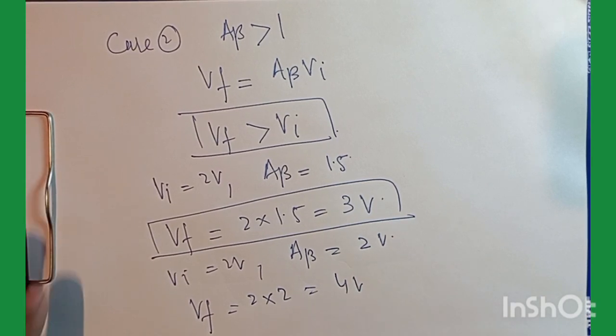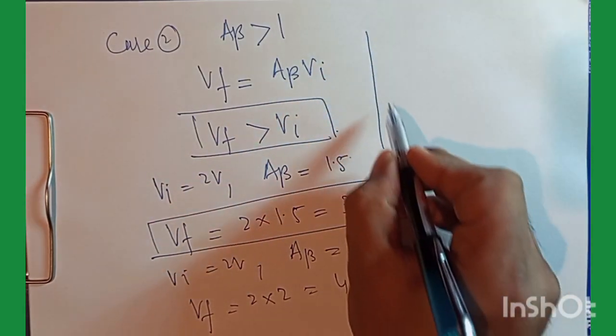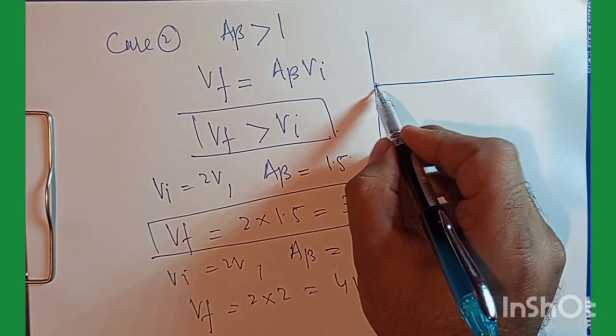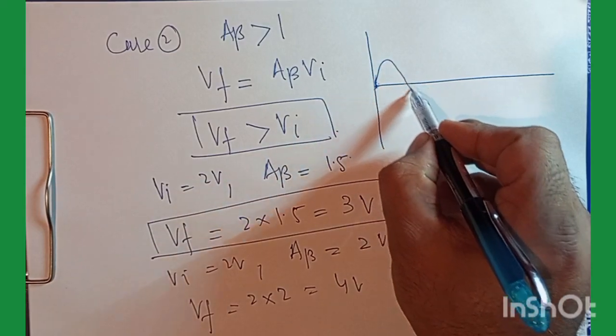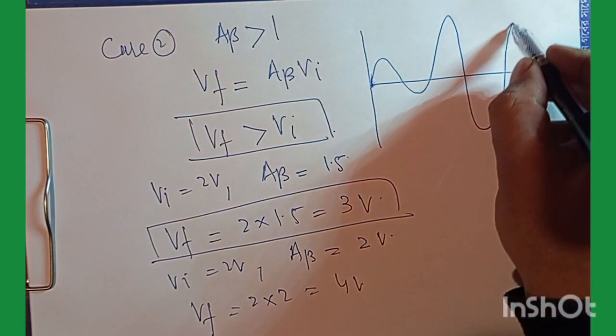So in this case, what's going on is that the feedback voltage that we are obtaining back to the amplifier, its amplitude is increasing. So if I have to think of it in terms of a graph, if I have a signal like this, its magnitude is going to increase.